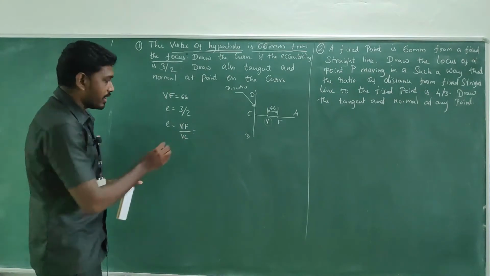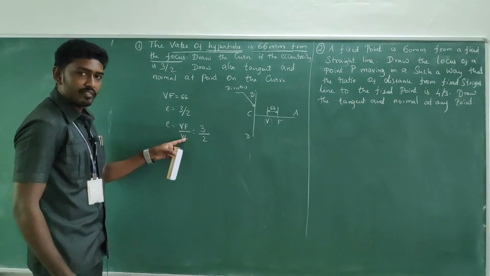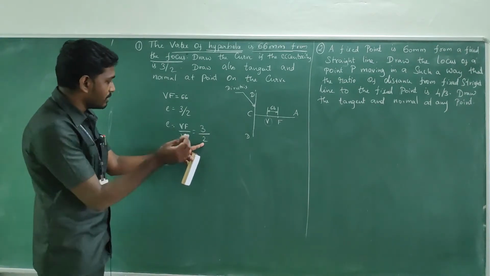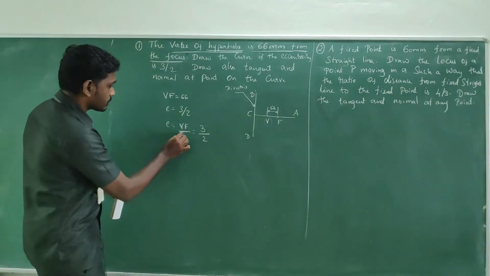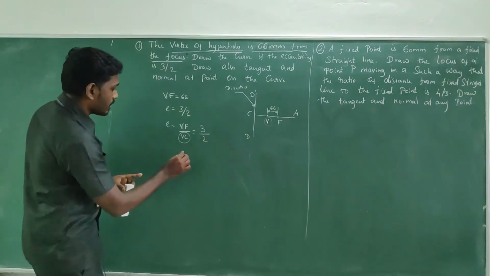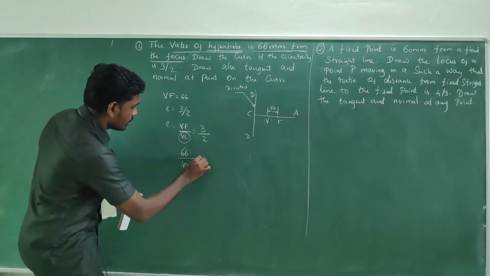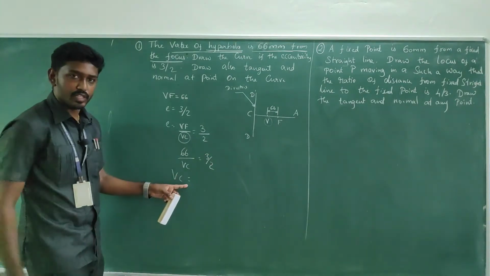If you equate it, we get VF divided by VC equal to 3 by 2. Am I right? So from this we can take the value of VC. Here VF is given as 66. If you do the mathematical calculation, from this we can find the VC value.